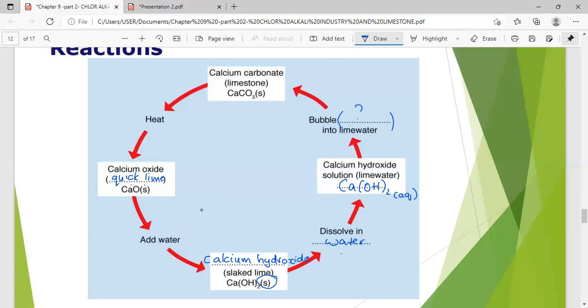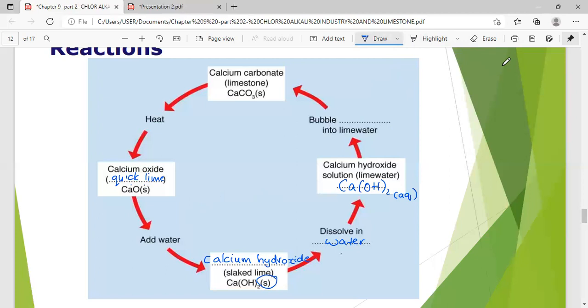Now what do I write here? What do you bubble into the lime water? Bubble means pass the gas into the lime water. What gas is that? Remember you've learned before about testing for carbon dioxide gas. How do you test for carbon dioxide gas? You pass it through lime water, and the lime water turns cloudy.